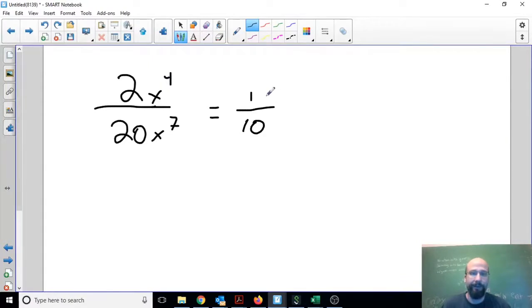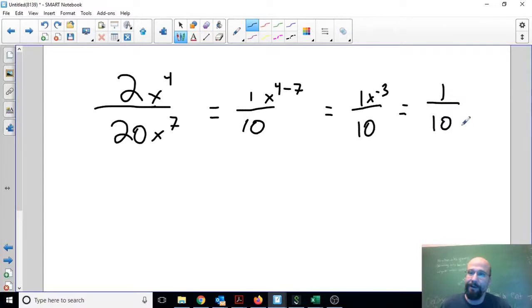And then x to the 4th minus the 7th. So that's going to be 1 over 10 and x to the negative 3. Again, the 1 stays at the top because it doesn't have a negative exponent. So the 1 and the 10 stay where they are, but the x to the 3rd goes to the bottom.